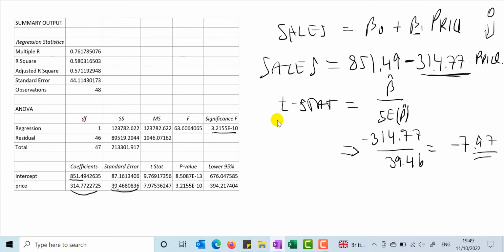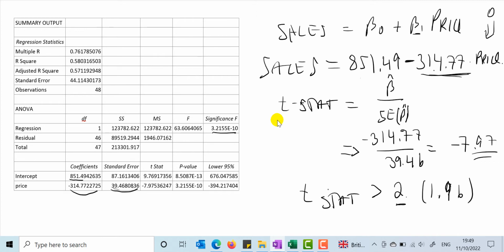Now, usually our benchmark for deciding whether there is a statistically significant effect between the two variables is when the t-stat is in absolute value greater than 2, roughly. In fact, it has to be greater than 1.96. This is the benchmark value, but we just approximate it to the next round number, which is basically 2.